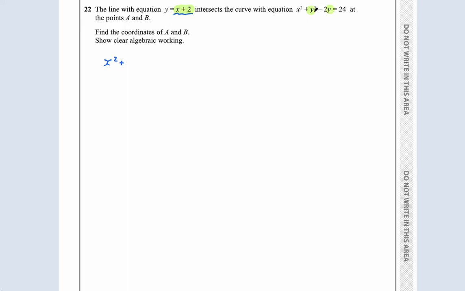So I have x plus 2 squared, because remember this is y squared. And instead of minus 2y, I'm going to put minus 2 times x plus 2. And that equals 24. Now I have an equation with just x's in it, and I can multiply out and solve this.